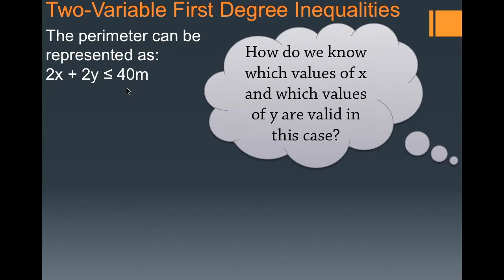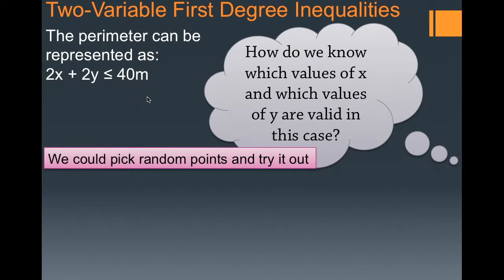How do we know which values of x and which values of y are valid in this case? So if you remember in the first question, our x had to be less than or equal to a certain number. But how can we solve this here if we have two variables? We could pick random points and try it out.